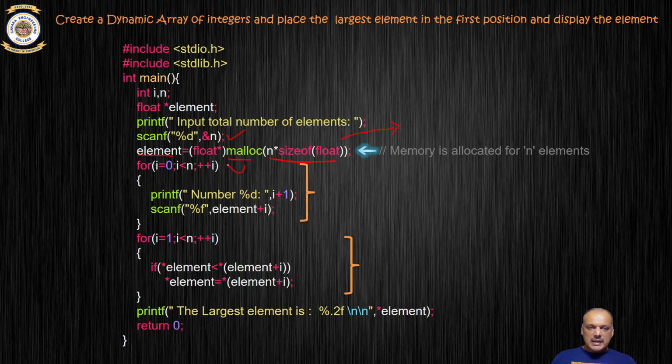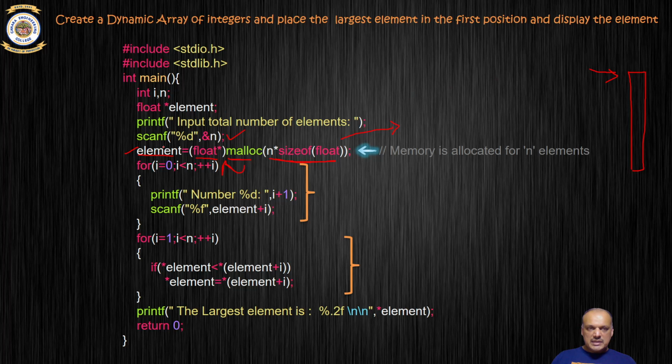And malloc returns a void pointer, which is later typecast to a floating point pointer and is referenced by the pointer element. So the pointer element points to the array of memory allocated in the heap by the malloc function.